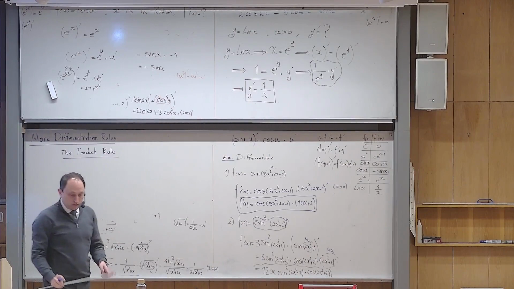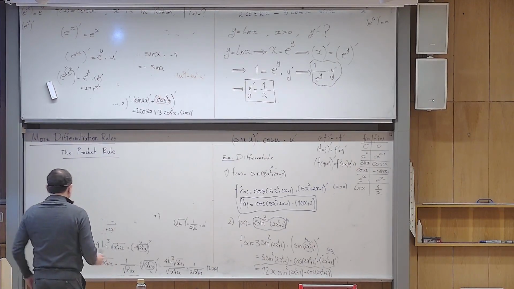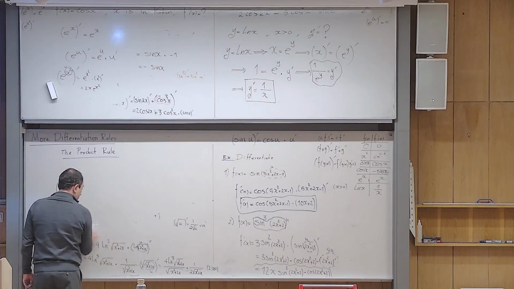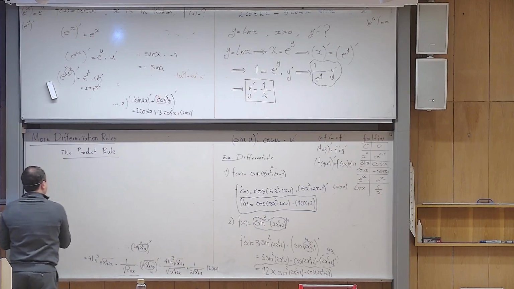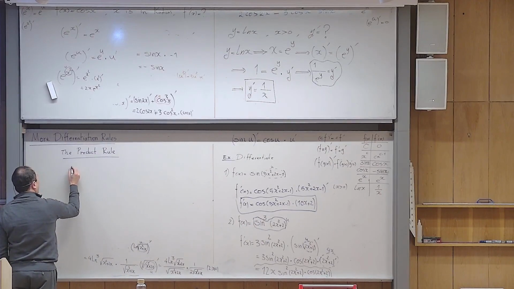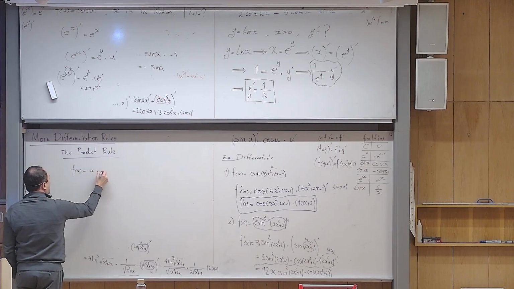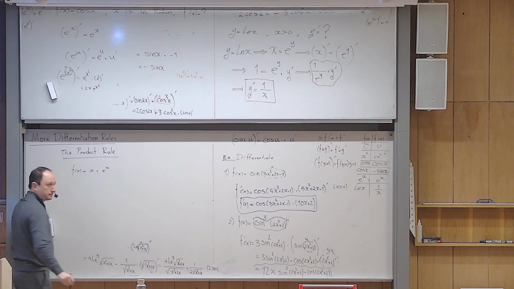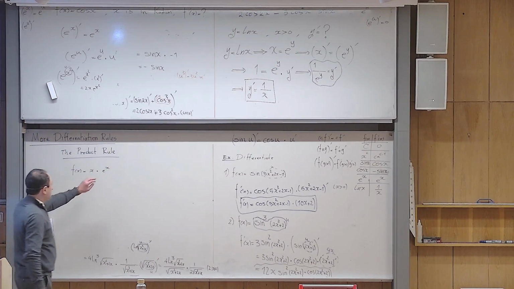Okay, to motivate you about that, this rule is really needed. For example, if I give you this function, f of x equals x multiplied by e to power x. If I ask you, do you know the derivative of x?